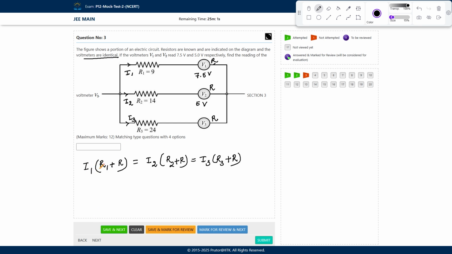Now the first voltmeter is reading 7.5 volt.